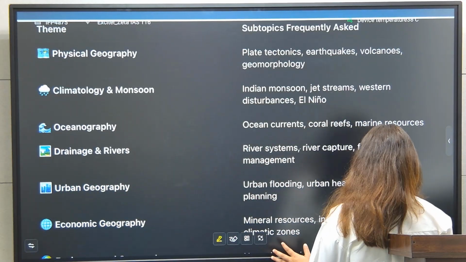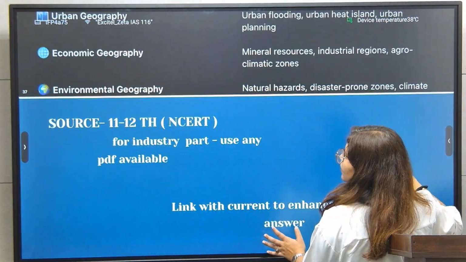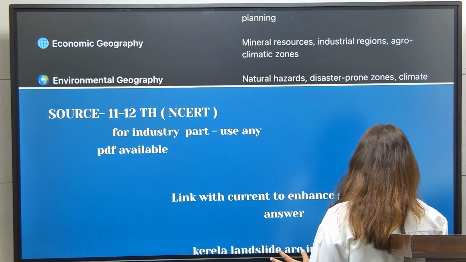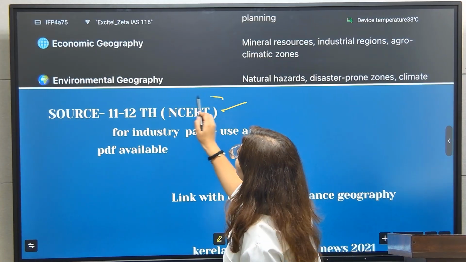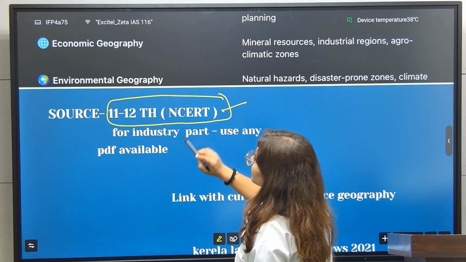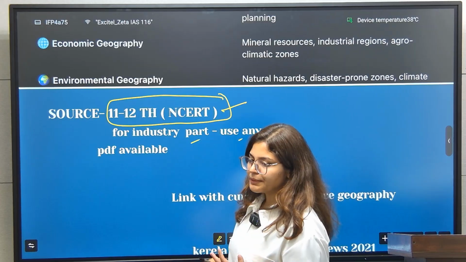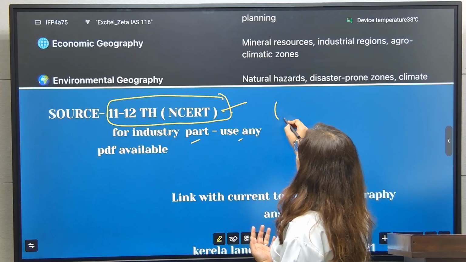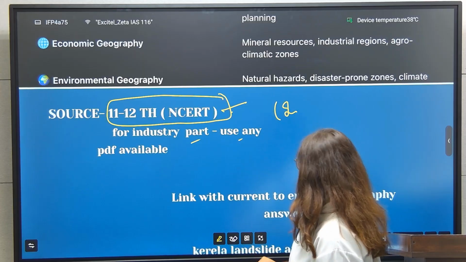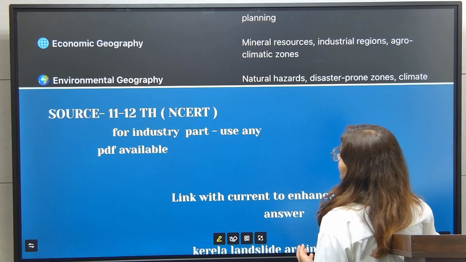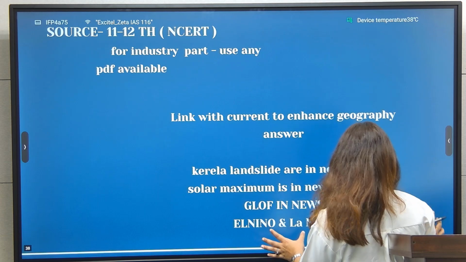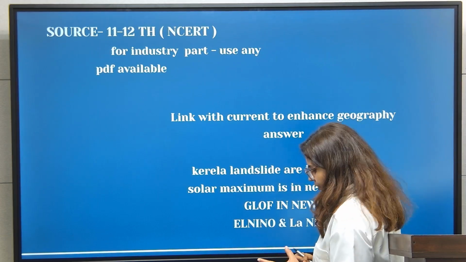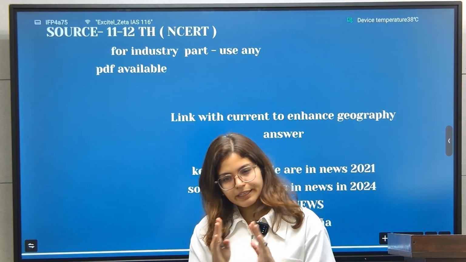Now, what sources you have to follow? NCERT, +1 and +2 NCERTs. For the industry part, use any PDF only, because in +1, +2 NCERT, the industry part is not well written. Now, see geography. In geography, you have to link current also.